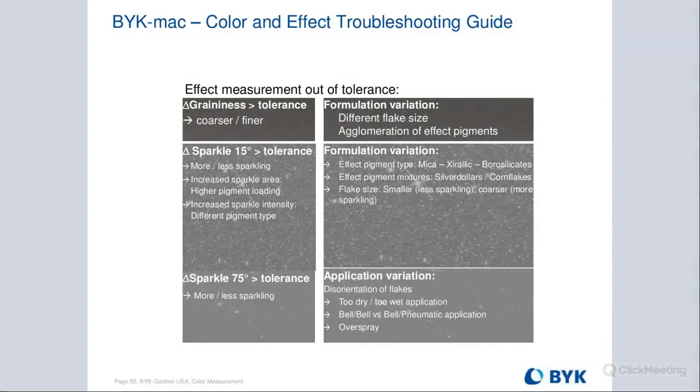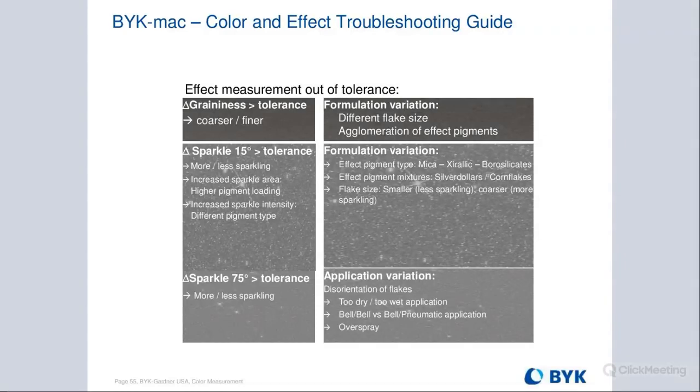Gotcha. I think Noah has a comment, so I'll let him go. Go ahead, Noah. Yeah, something I always see is people comparing measurements made with a solid color instrument and then with a BYK-mac. The issue is that the BYK-mac measures with light coming from a single linear direction, whereas our solid color instruments measure with circumferential illumination, meaning the light's coming from all angles.